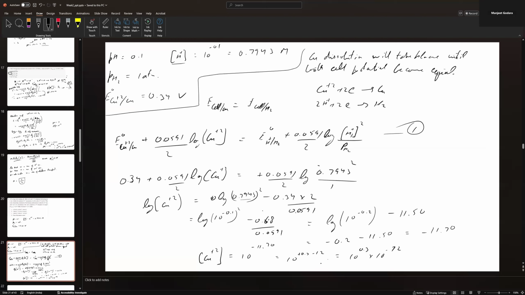This comes out around 1.99 into 10 to the power minus 12 molar.